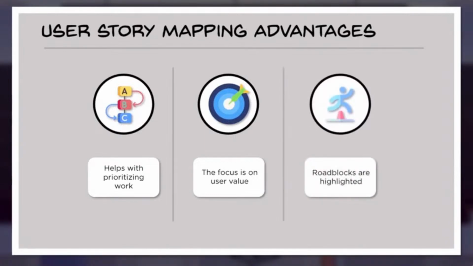Then roadblocks are highlighted. As we visualize this journey, it will tell me what would stop me from moving forward. Are there any concerns? Are there any constraints? For example, if you want to activate a beneficiary, for some limited period you can only send a limited amount of money. Why is that done? By chance, if the beneficiary is added by an individual who is not a genuine user, we are actually holding it, right?